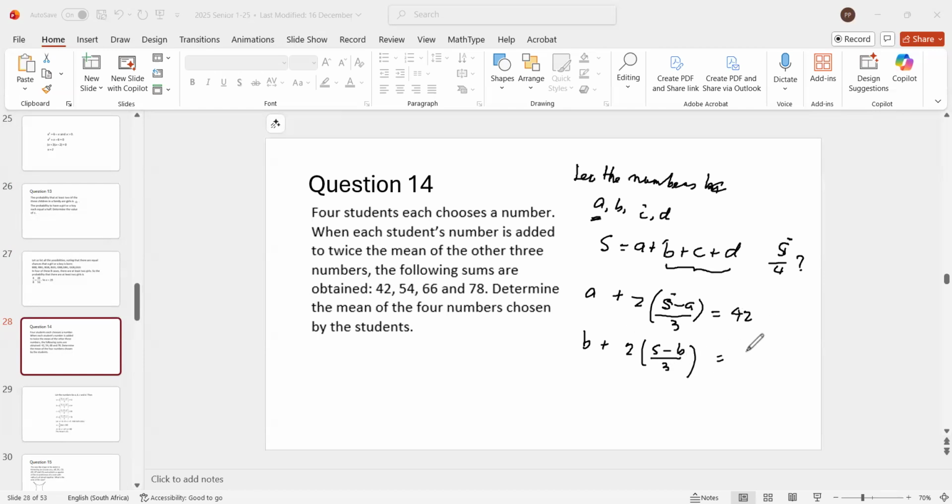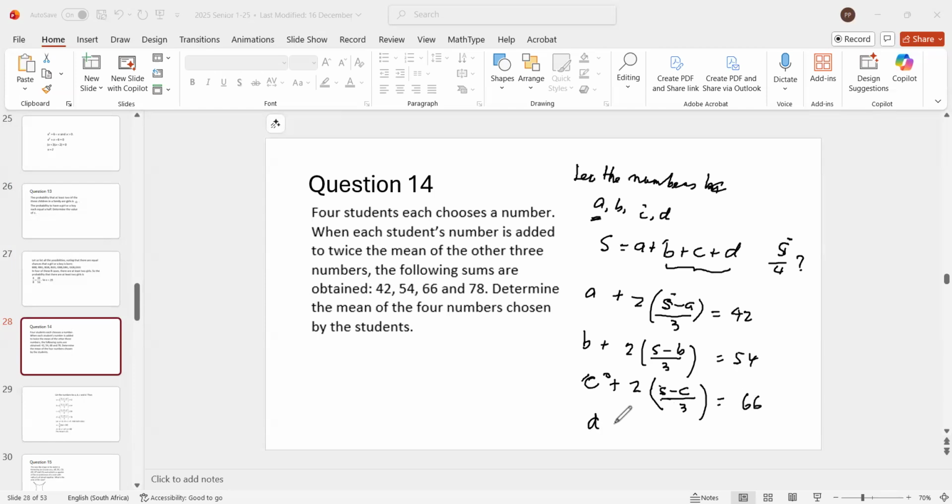And the second number, 54. Or you take C plus twice the mean of the other three. So you have to remove C from there and take the mean of that. That's twice the mean. That's the third number.